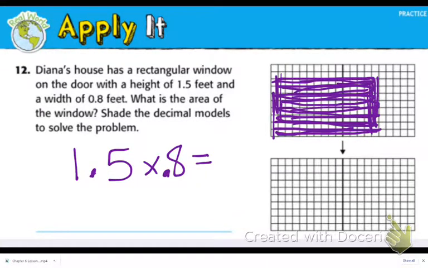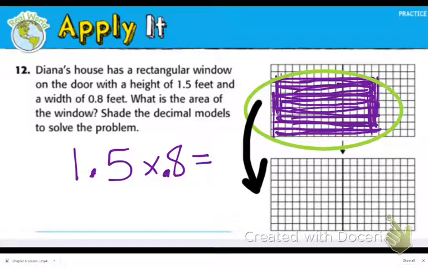How much is it together? How much is shaded all together? I can count it up to put it into this model down below. Well, I already can see that I've done this full group of 10 8 times, right? And then I have 10, 20, 30, 40, 50, 60, 70, 80.